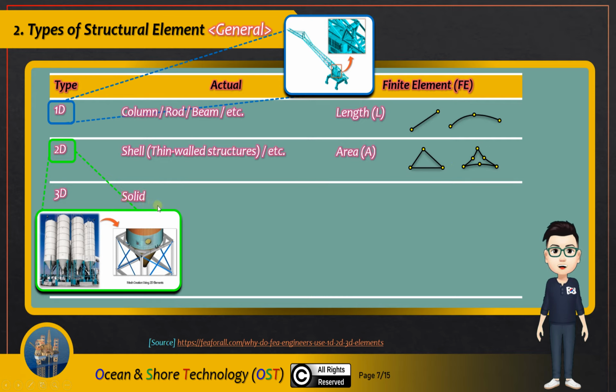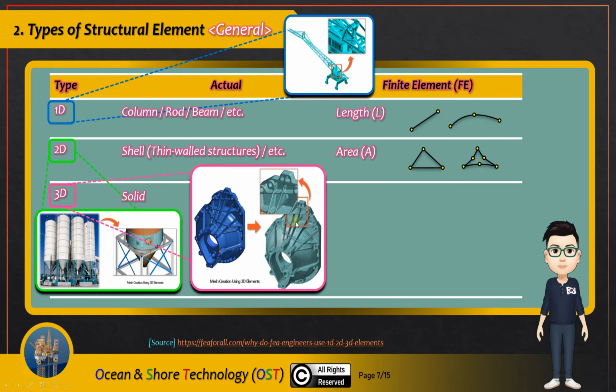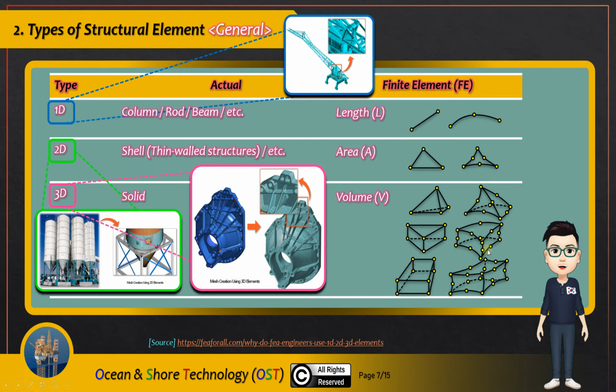This is much more complicated than the 1D and 2D elements. You can see the shape. Of course, it might take additional time and effort to do the structural modeling in the finite element. This is the volume element, and you can see some examples like here or like that. The number of elements and the element types we can discuss further in the finite element method sections.